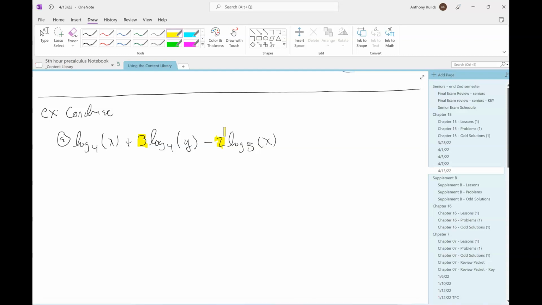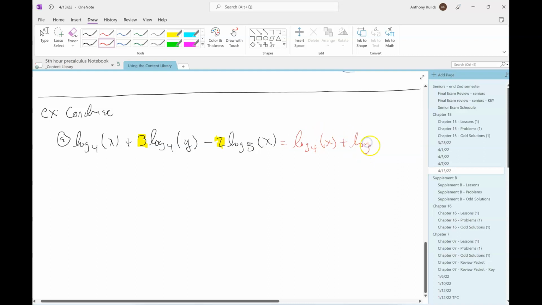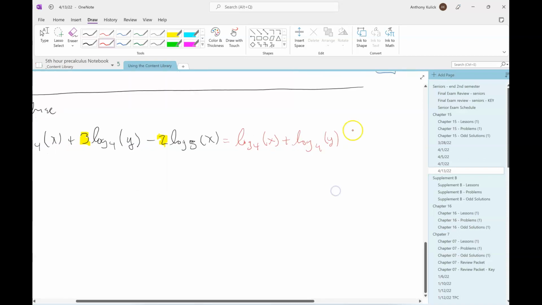Is everybody okay? So if I apply the power property then, I didn't do anything to the first piece. So there's that. Everybody feel good?